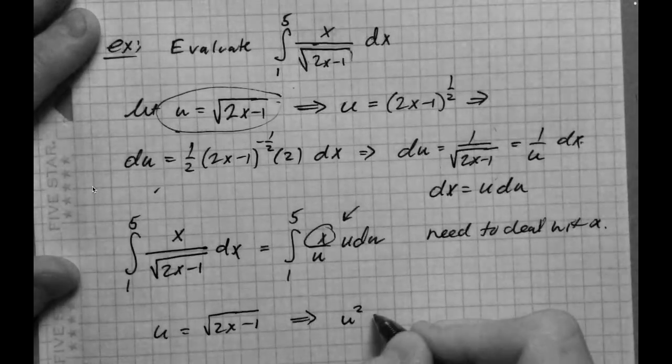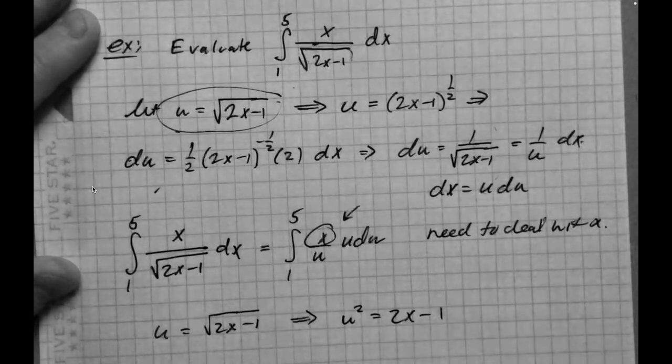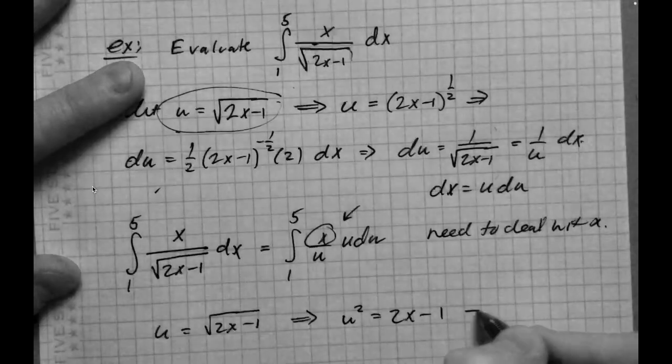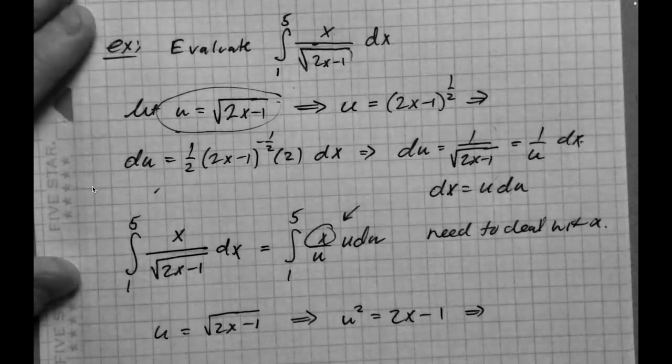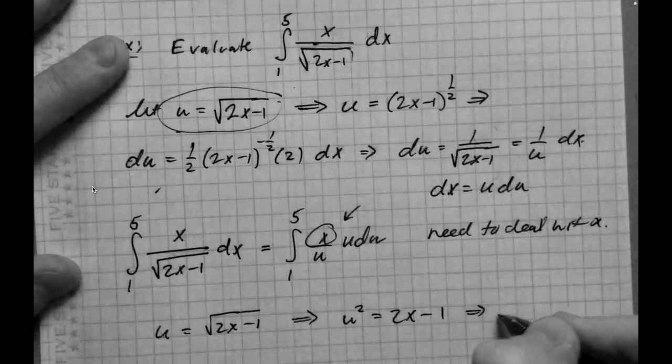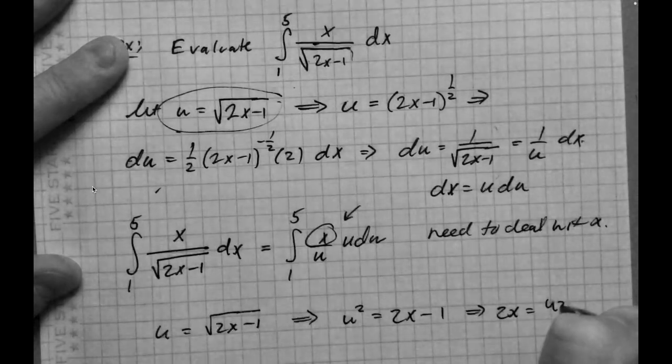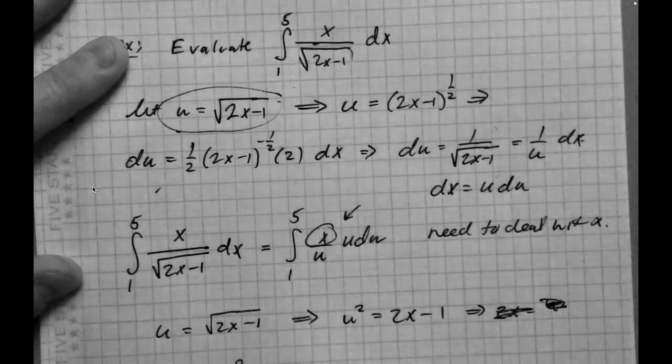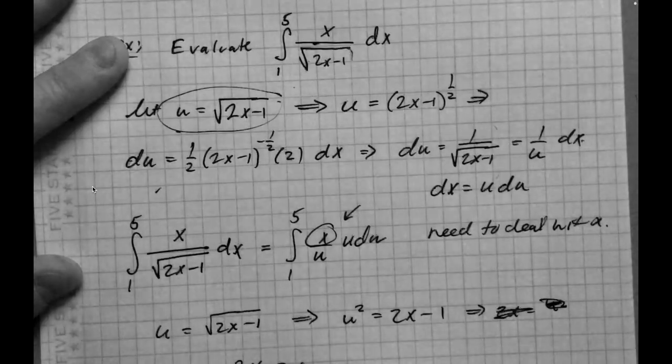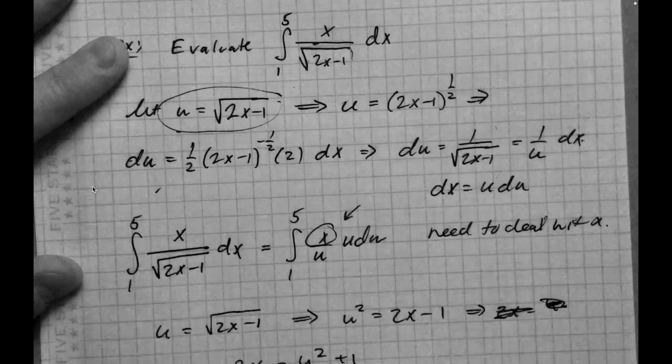And I get u squared equals 2x minus 1. And so that is going to give me an expression in u for x. So that means 2x is u squared plus 1, and x is u squared plus 1 over 2.